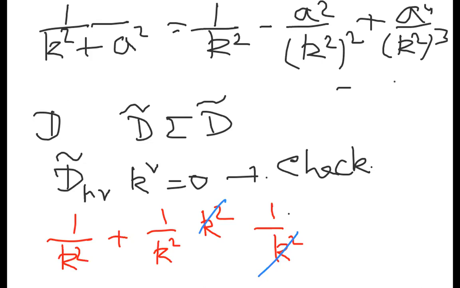So the order of the poles has increased at k square equal to 0, right? That's what tells us that after we resum, the pole position shifts.